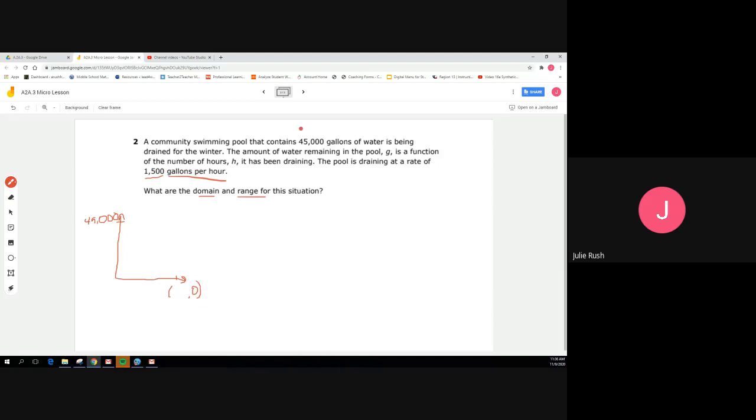So this y-intercept and this point down here where I land on 0, from 45,000 to 0, is my range. And I'm going to write this as an inequality statement because both my x and my y axis are measurable in this scenario, which means there can be halves or partials.